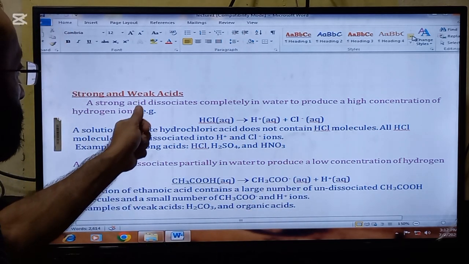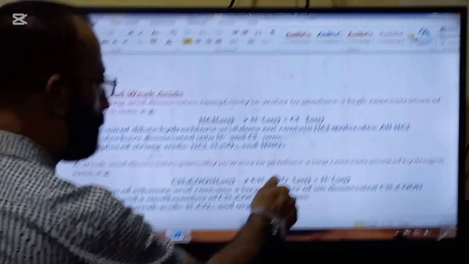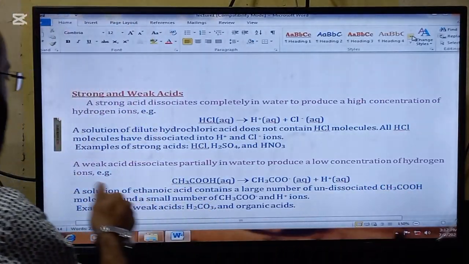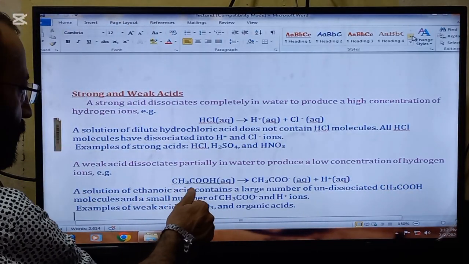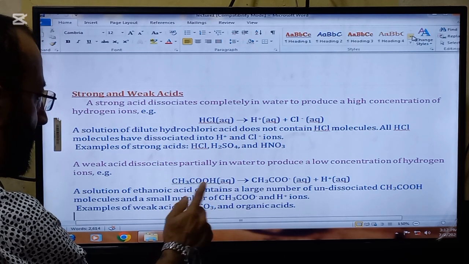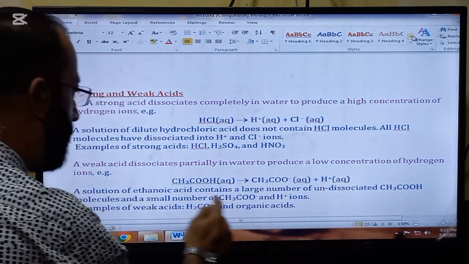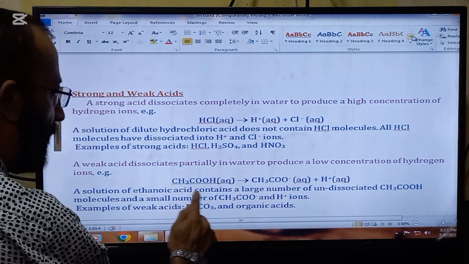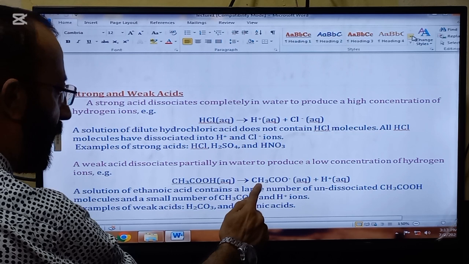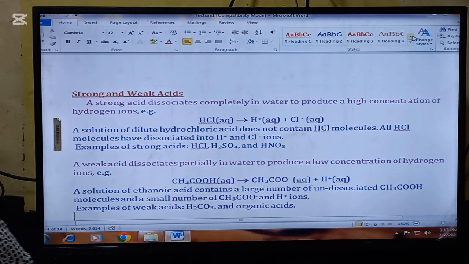On the other hand, weak acids. A weak acid dissociates partially in water to produce a low concentration of hydrogen ions. For example, CH3COOH. In the formula you can see there are 4 H, but it will dissociate only the last one. So look now, this is dissociated and this is keeping these 3 H. So that's why this is called a weak acid.